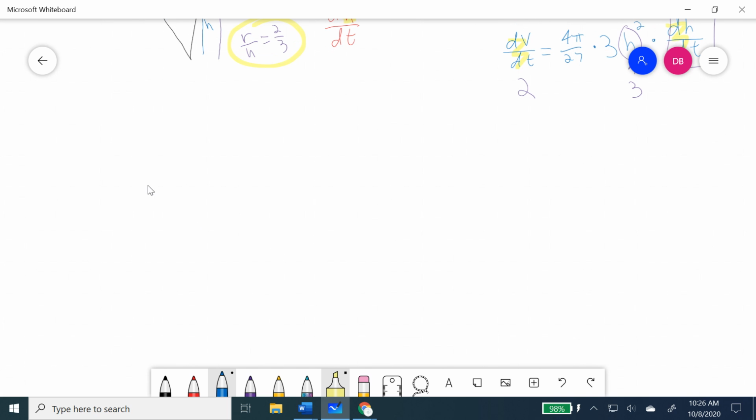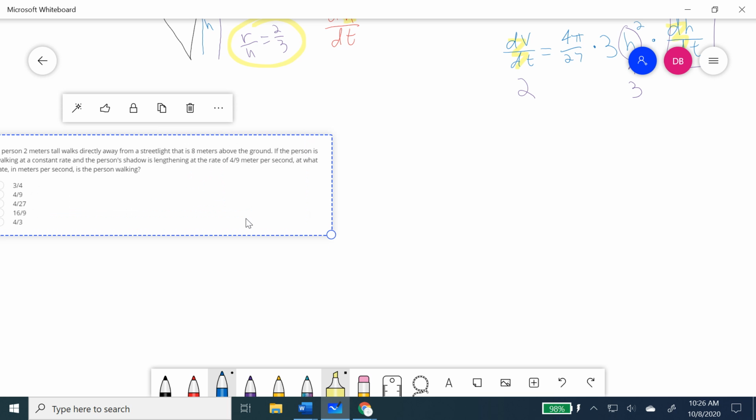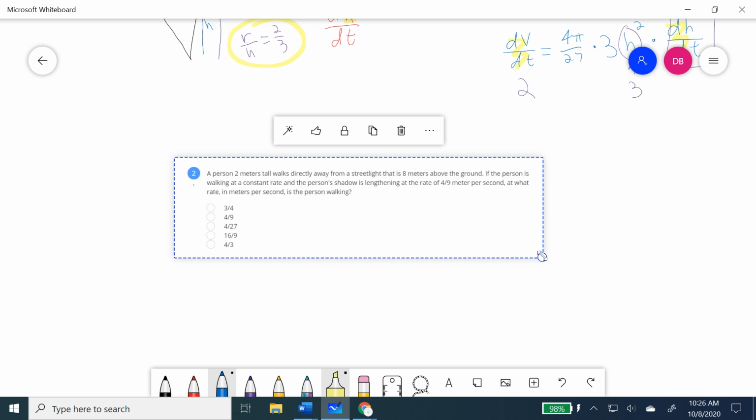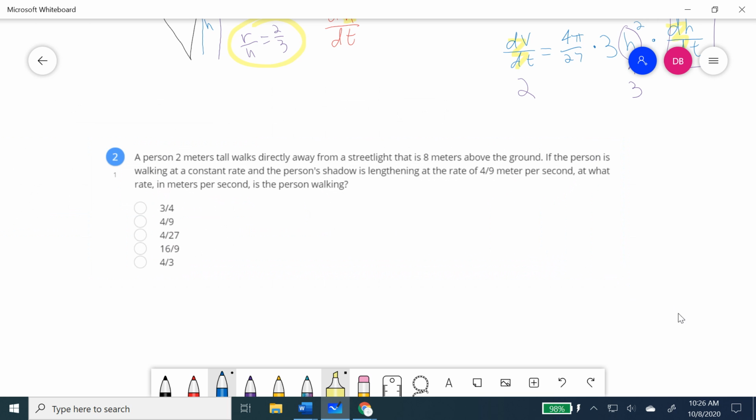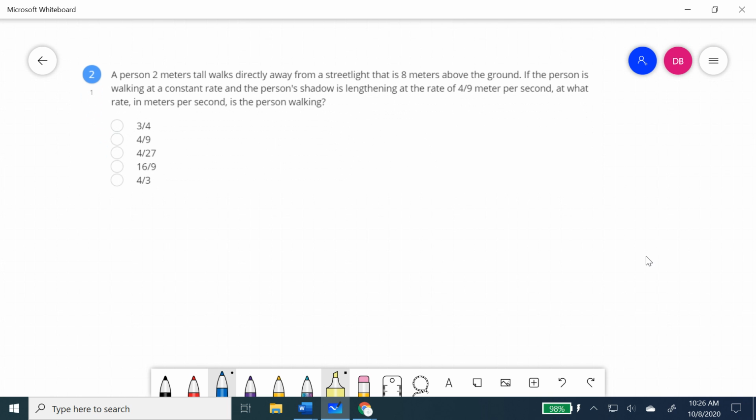Just know that a lot of the issues with shadow problems are: read it a few times before you decide what it says. Okay, so we have a person 2 meters tall walking directly away from a street light that is 8 meters above the ground.